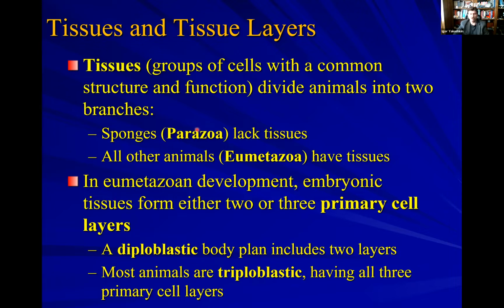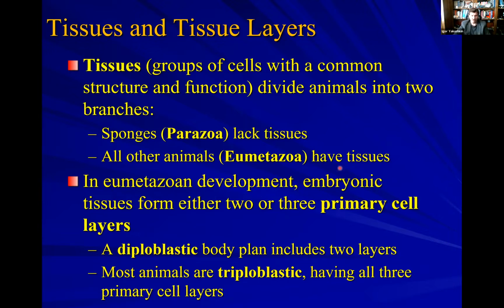Para, we were talking about paranthropuses. Remember, paranthropuses were near the humans. Anthropos means human. So in this particular case, they were developing parallel to us. Parazoa means near the animal. Zoa means animal. And eumetazoa or metazoa means true animals, meaning they have tissues.